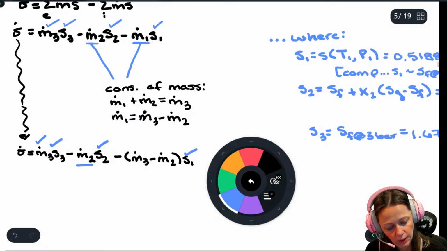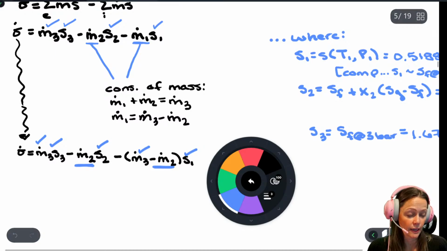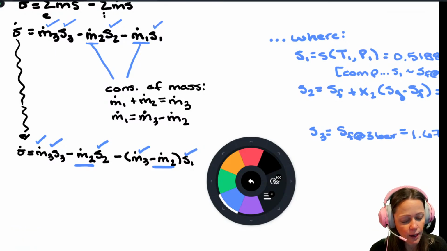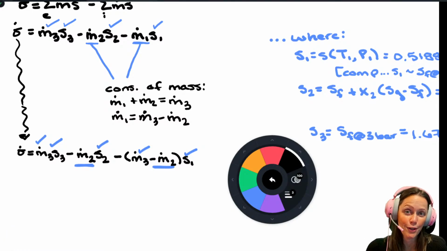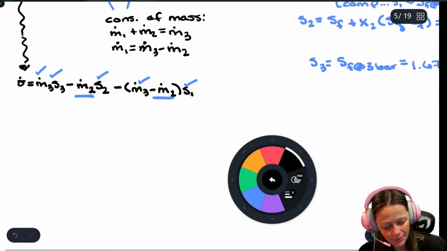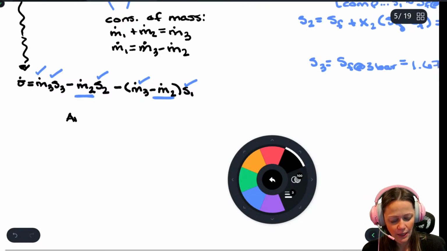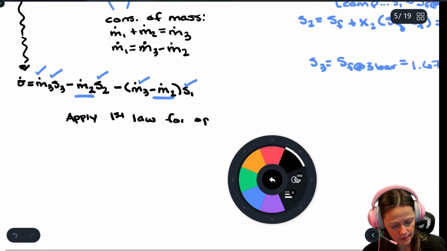So I know S1, I know m dot 3, and I've got one equation and really just one unknown. I need another equation to tell me about m dot 2. You were probably wondering, when are we going to apply the first law? Well, we've come to that point now. So we need to apply our first law for an open system.